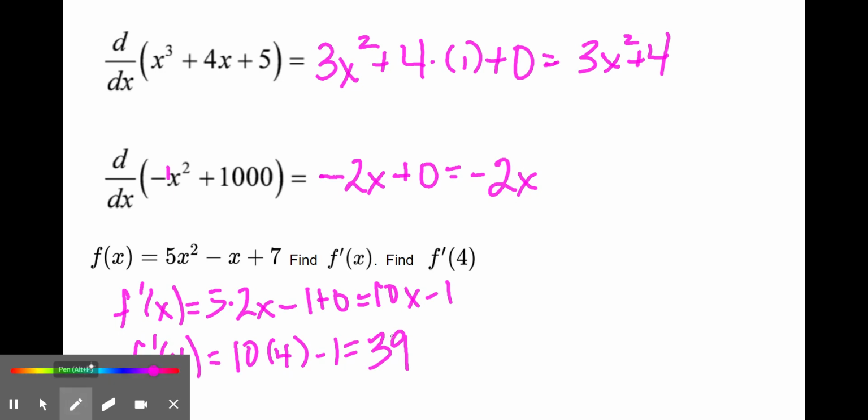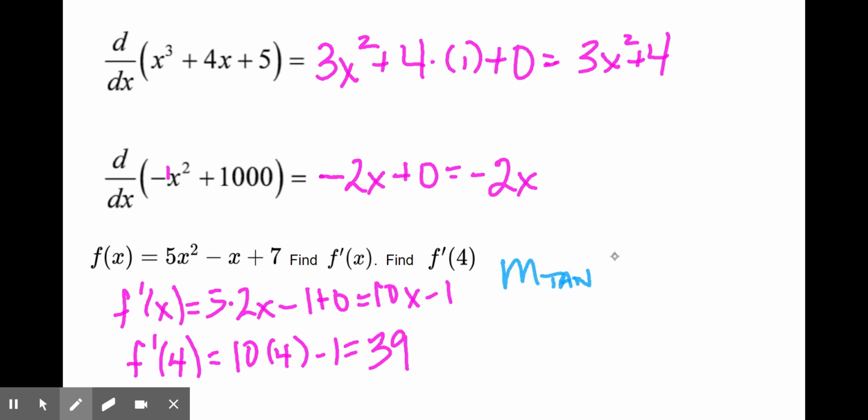Now, I'm going to answer it for you, but I do want to give you a second to think about it because I do want you to understand what this is. So this 39, what is it? It is the slope of the tangent line to f of x equals 5x squared minus x plus 7 at x equals 4, right?